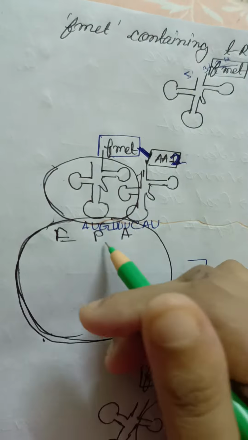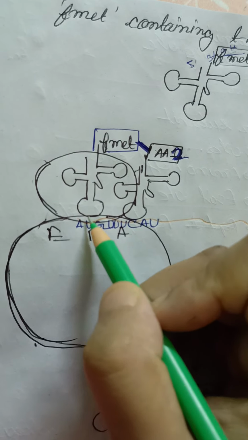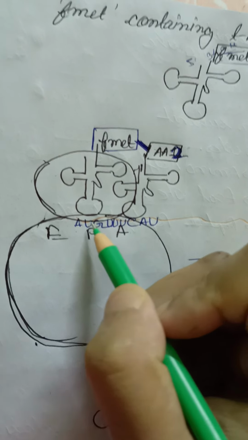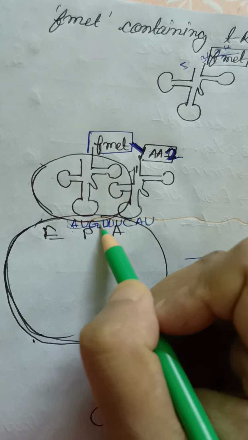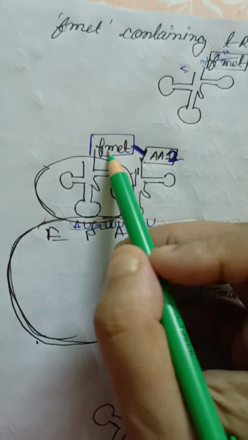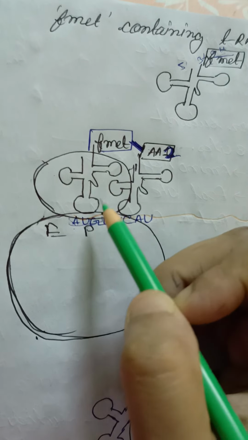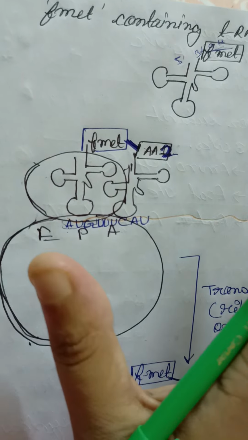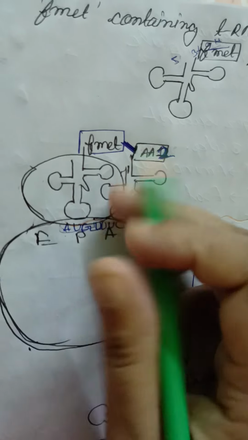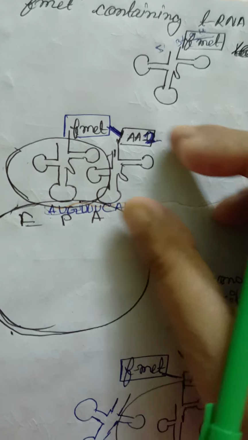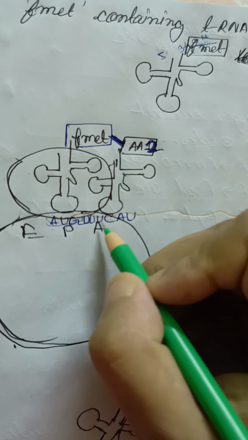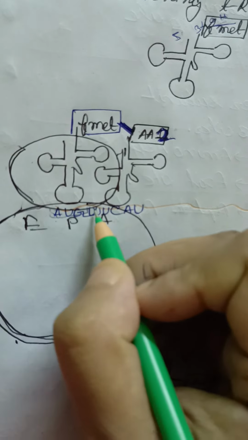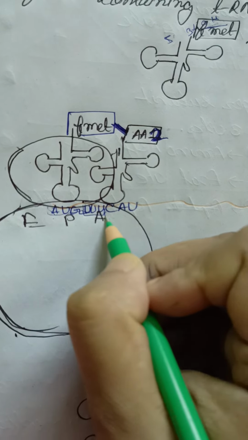So the first amino acid comes at the site P, and we know the code is AUG. So P will recognize this as the codon for FMet, meaning methionine amino acid. And the next amino acid-containing tRNA will again come at the site A. Suppose this is AUG, the next codon is UUU, the next is CAU.